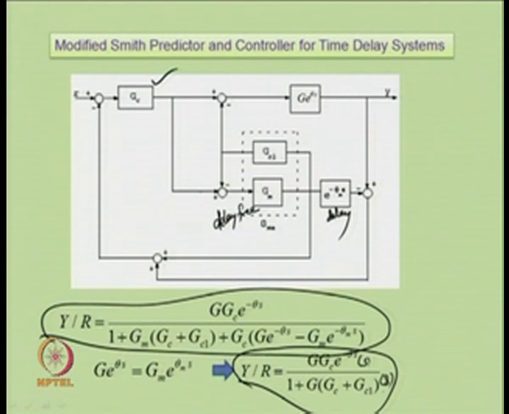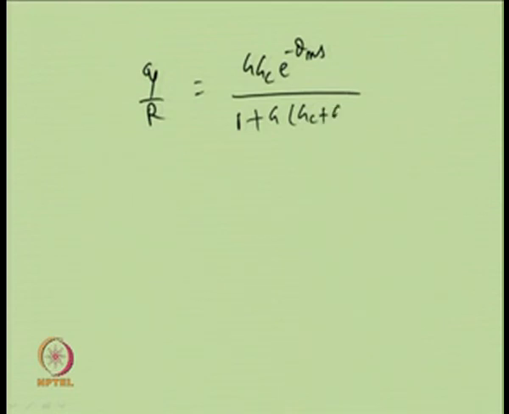This shows that y upon r equals g g c e to the power minus theta m s upon 1 plus g g c plus g c 1. This could be theta s as well, since we assume that g e to the power minus theta s equals g m e to the power minus theta m s.